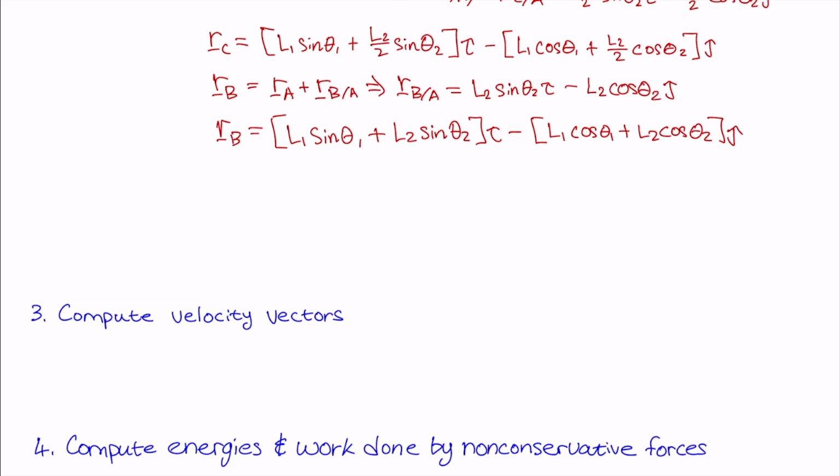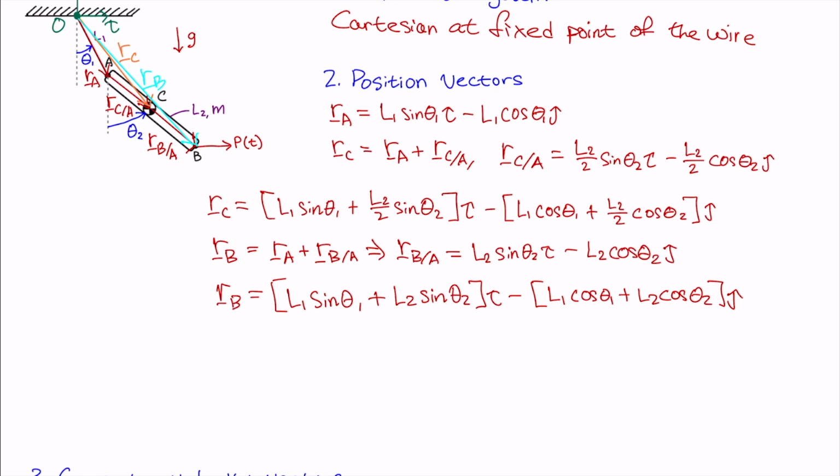Before we move on, we're going to define our reference position that we're going to use for defining the potential energy. We're going to say that the reference position is when theta 1 and theta 2 are 0. I'm going to draw this right here. That's the wire.